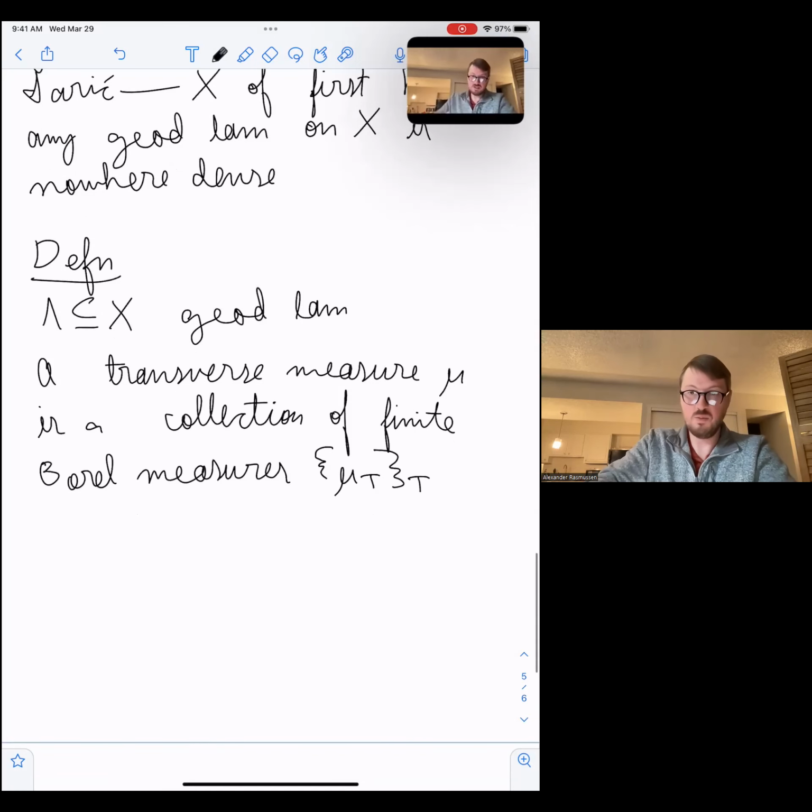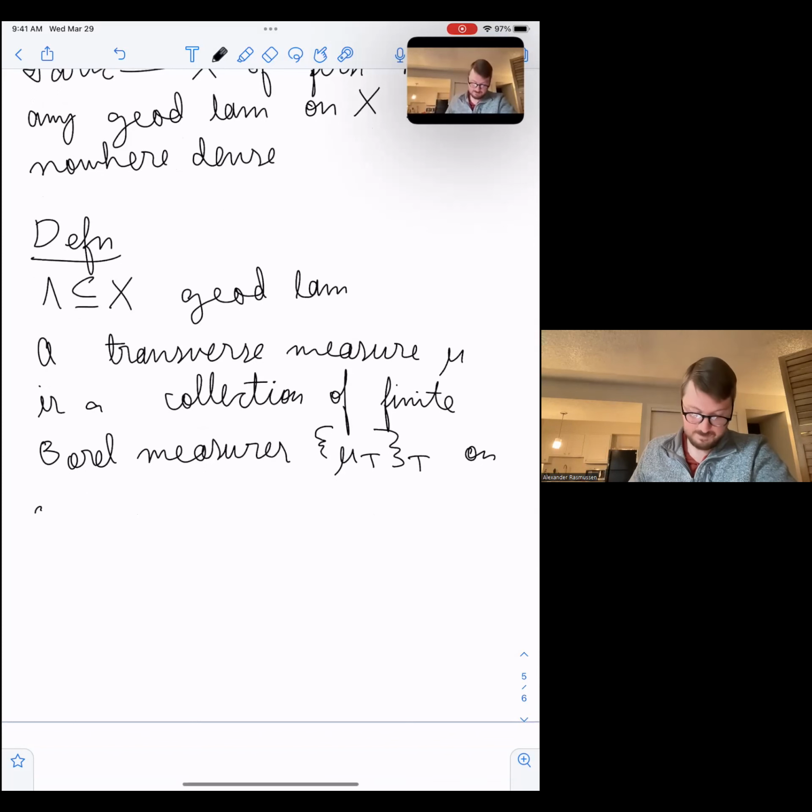And these Borel measures live on all arcs tau transverse to lambda.